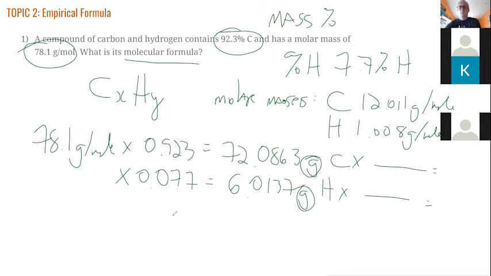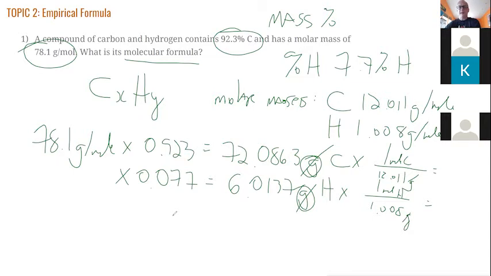So I've got grams here, and I want to multiply by something to get me to moles. 1 mole over 12.011 grams. There we go. Exactly. 1 mole of carbon over 12.011 grams, and 1 mole of hydrogen over 1.008 grams. That way I can cancel grams, and I'm left with moles.